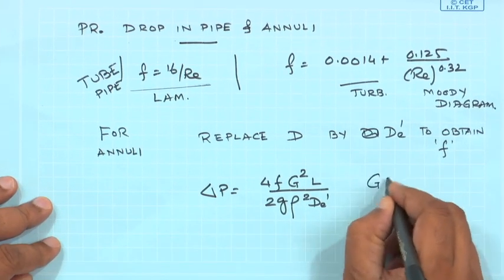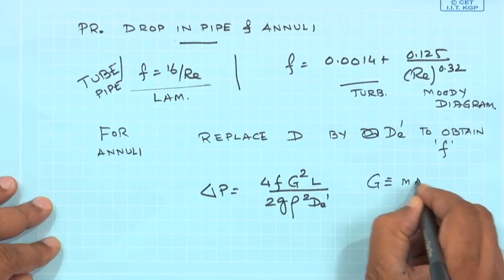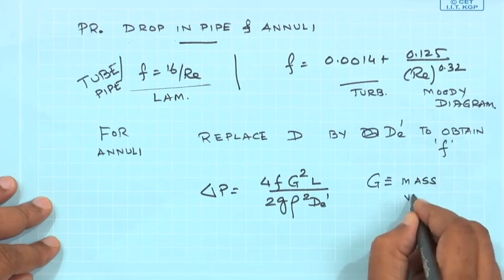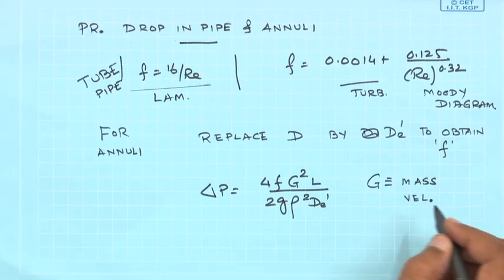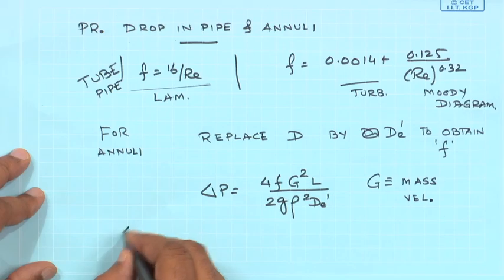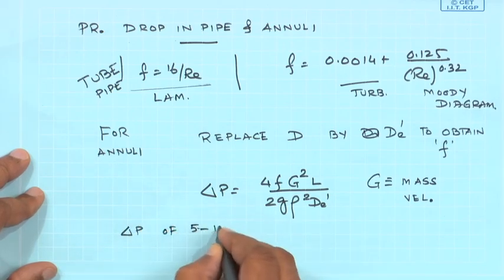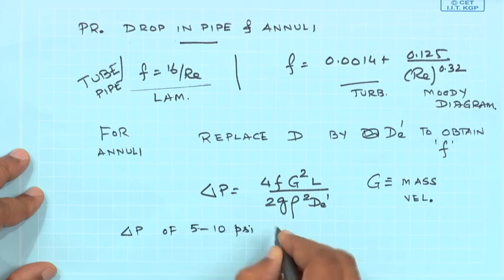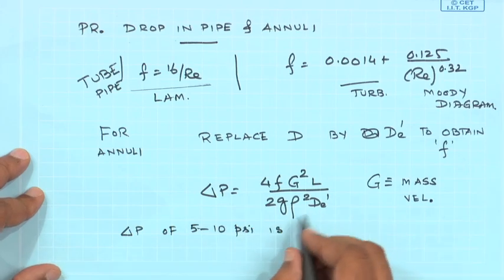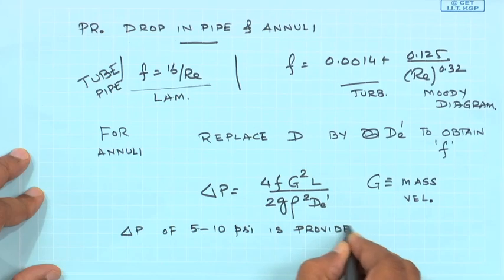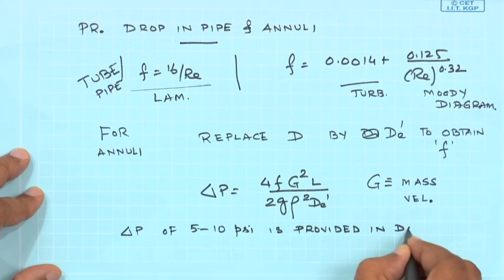So, G is defined as the mass velocity. And generally a delta P of 5 to 10 psi is provided in double pipes.